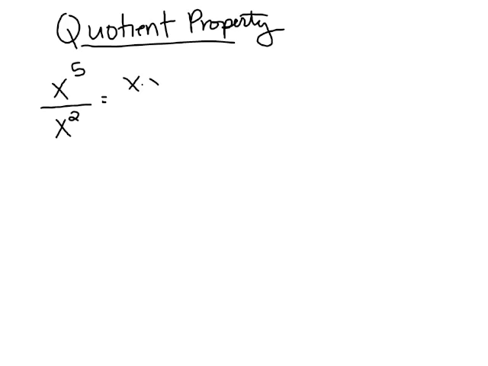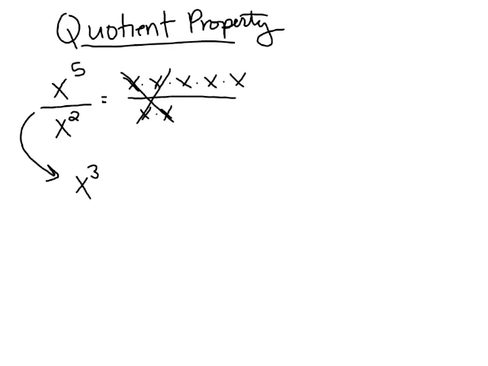So I have 1, 2, 3, 4, 5 x's over 2 x's. Do I have any terms similar on top and bottom? Yes. So I can cancel. All those will cancel out. So I'm left with how many x's on top? 3. Okay, so this simplifies down to x to the 3rd. So I have 5 on top, 2 below. Get rid of the 2 below and subtract. So 5 minus 2, that's how I figure out what my new exponent is going to be.